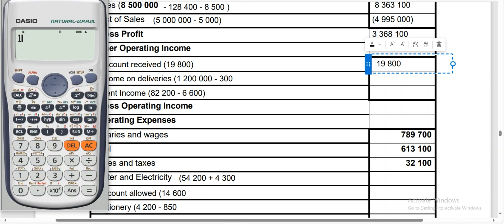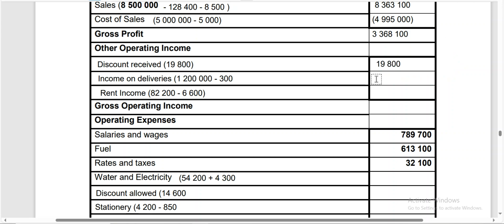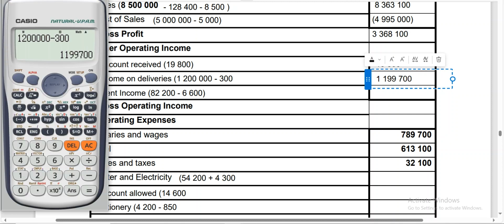Our fee income on delivery, let's see how much it will change. If we say 1,200,000 and then we subtract 300, it's going to be 1,199,700. And then our rent income, 82,200 minus 6,600, is giving us 75,600.